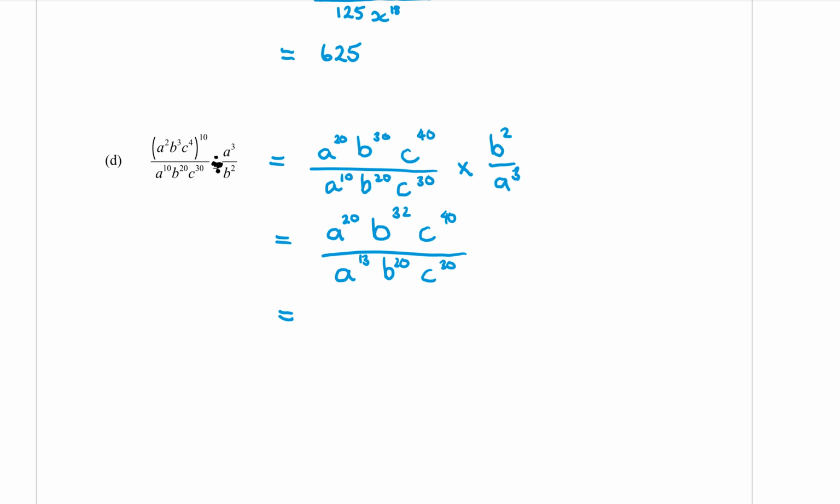So let's start with the base of A. When we divide, we subtract the powers. So we have 20 minus 13, that's 7. For B, we subtract the powers. 32 minus 20 is 12. And for C, 40 minus 30 is 10. And that is the answer. All done.